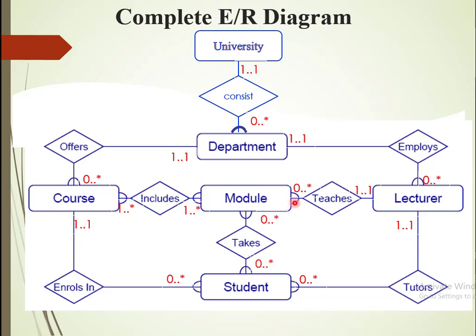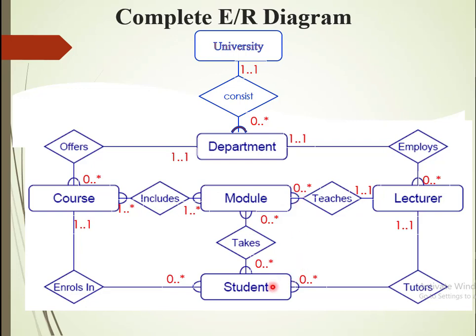Let's look at the next relationship, between the module and the lecturer. A module can only be taught by one lecturer and one lecturer alone. However, a lecturer may have not picked a module to teach, or may have picked one module, or may have picked multiple modules to teach.